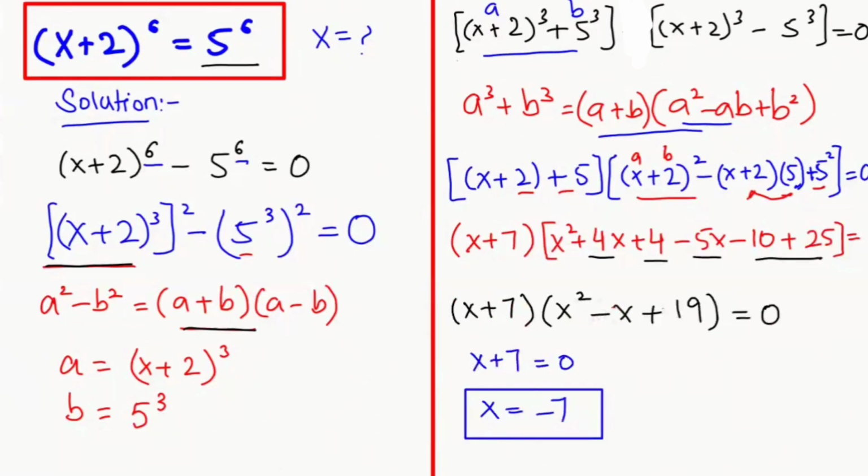I will solve this next case. So x^2 - x + 19, that is the quadratic equation. So I'm going to use the quadratic formula here: x^2 - x + 19 = 0. Here we have the a, b, and c values.